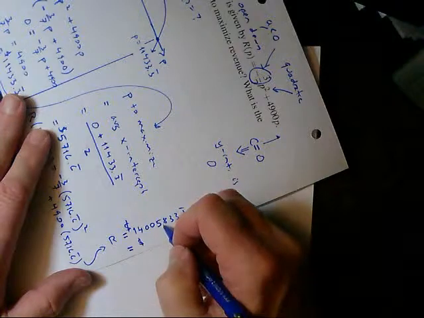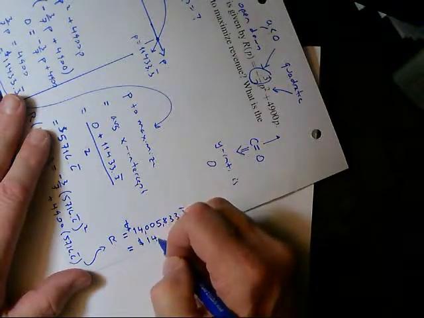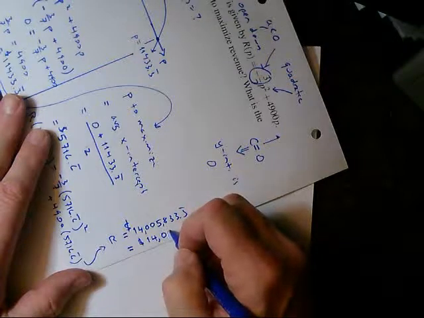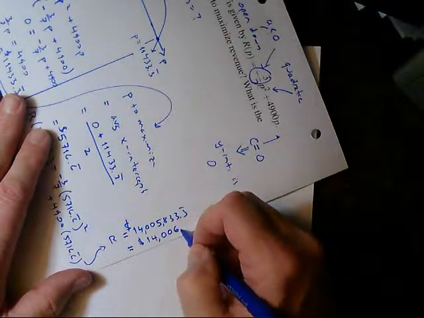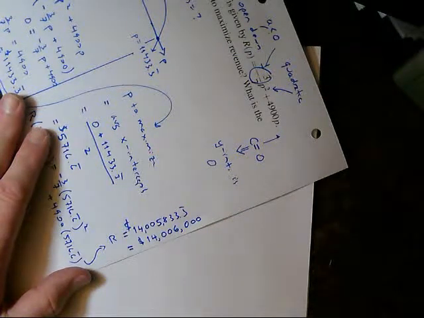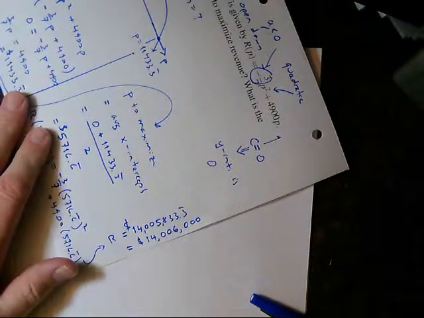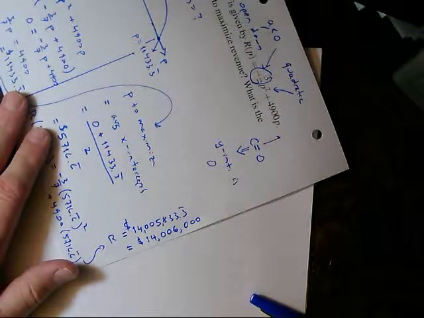So R equals 140058333 repeating. I'm leaving these as repeating decimals because I haven't wanted to deal with rounding off for sig figs. I probably ought to think about presenting this to like my boss. So let's see, that's 14 million, say $6,000. That would be a reasonable answer there.